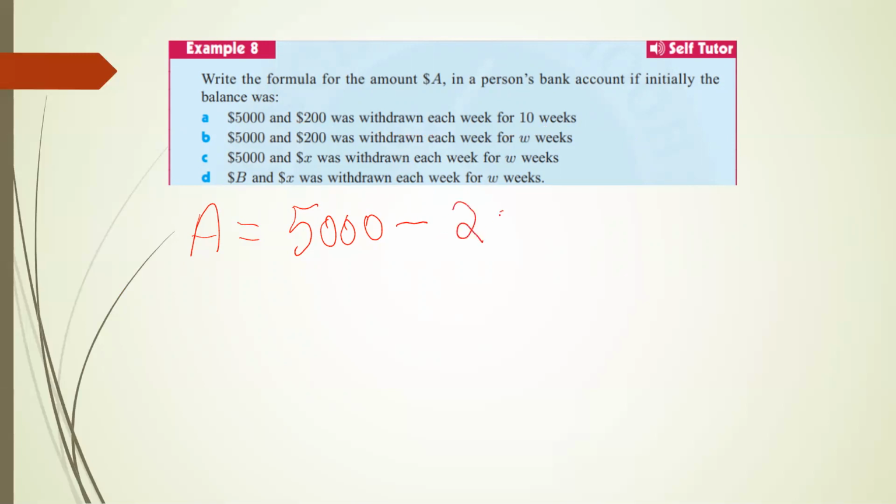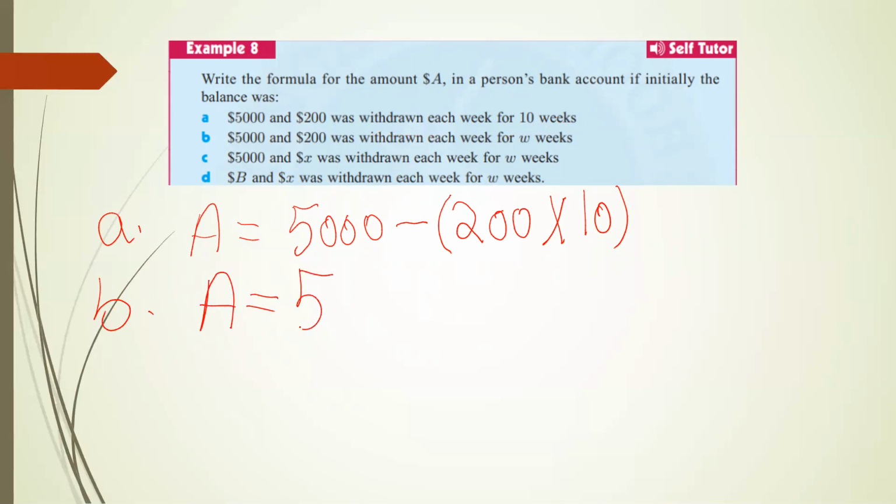So it's minus 200 per week for 10 weeks, so it's 200 times 10. That's for A. For B, it's still the total amount equals 5,000 with withdrawal of 200 each week for W weeks. So the 200 will be multiplied by W.